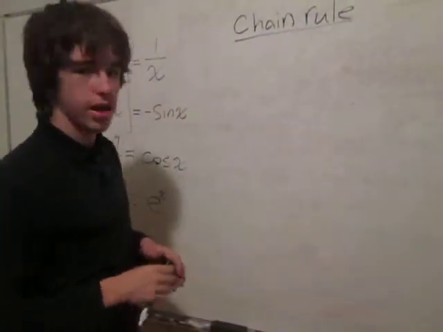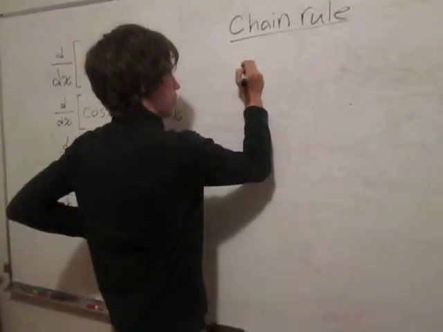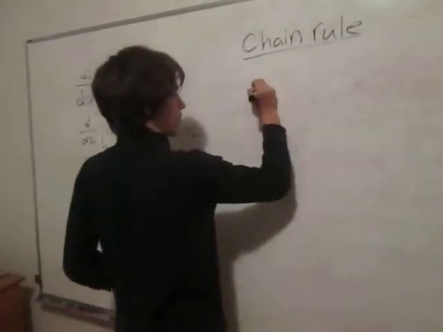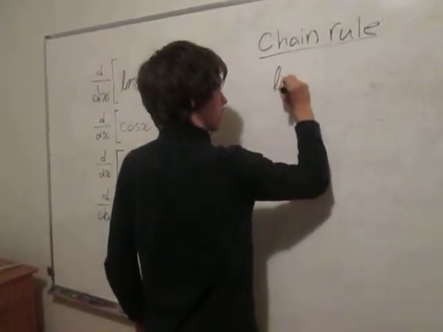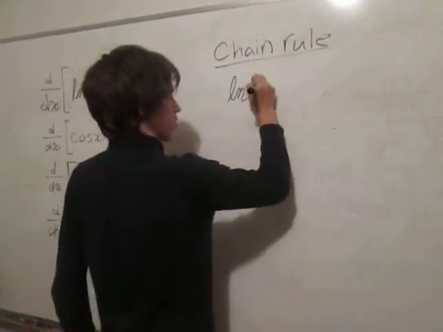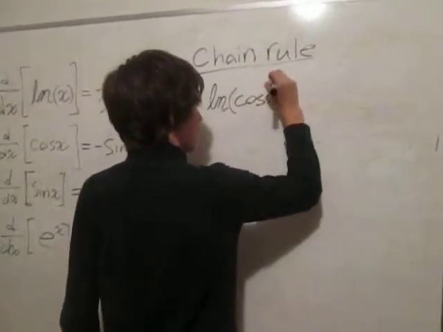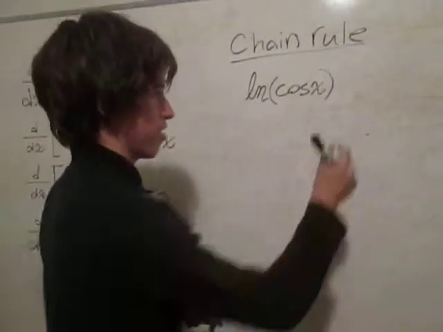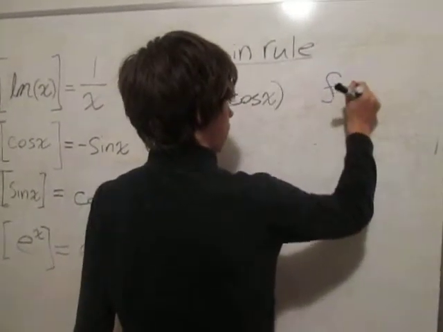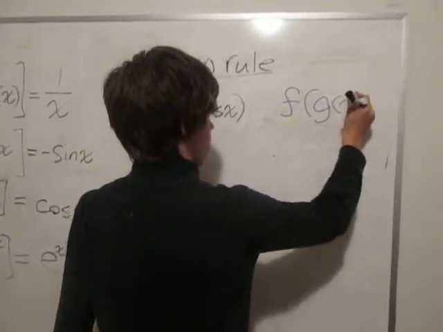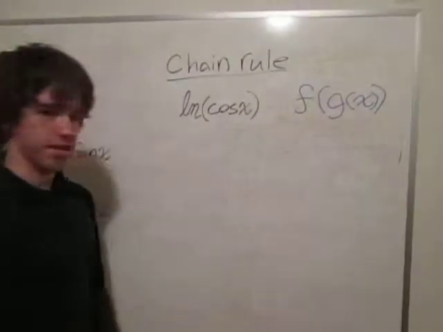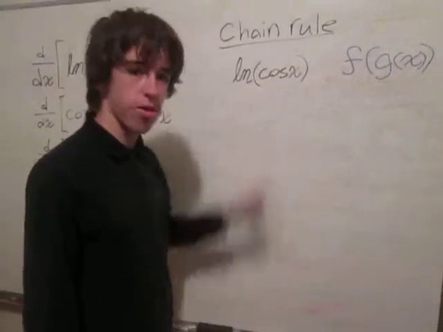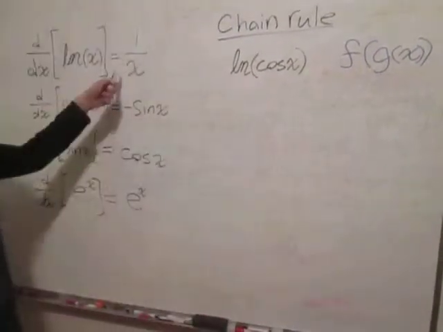The chain rule is what you use if you have something like, and I'm going to pull out the ones that we learned over here, the natural log of the cosine of x, which is basically a function of a function, right? F of g of x. How do we evaluate this? This isn't just 1 over cosine of x, because that would be with respect to the cosine of x. We're treating cosine of x like x.